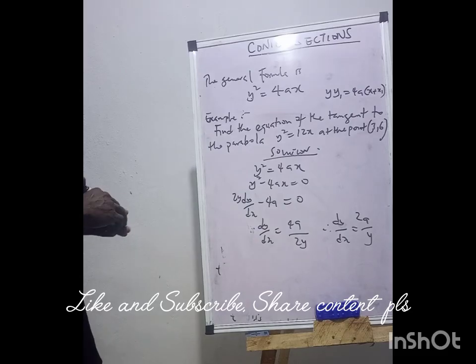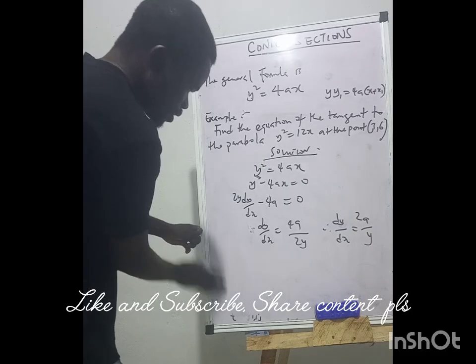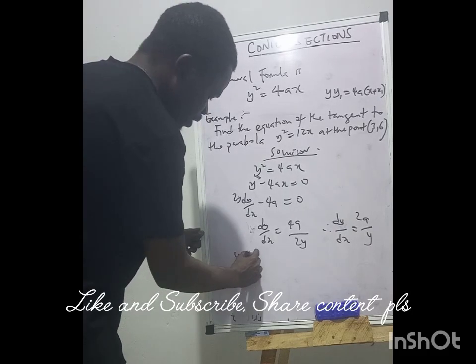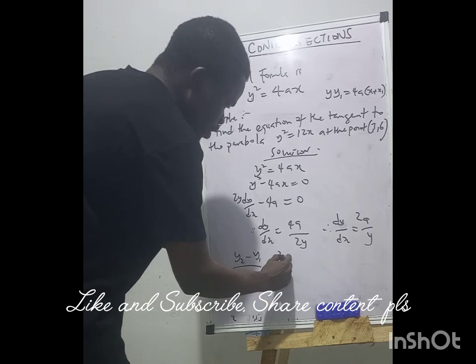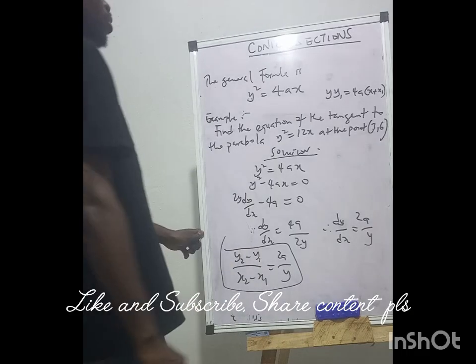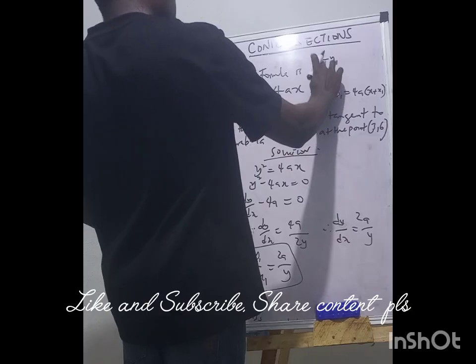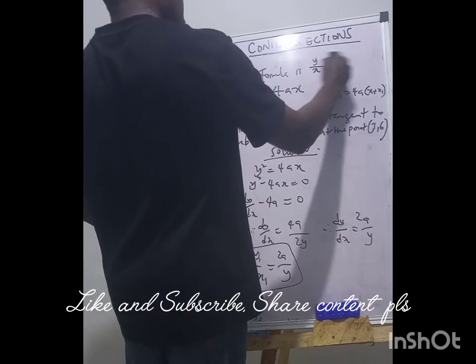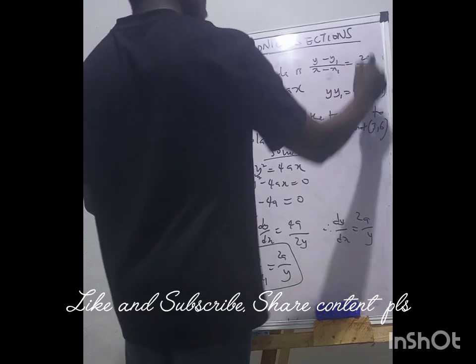Somebody lost? No. Like I said, dy over dx is (y2 minus y1) over (x2 minus x1), which is equal to 2a over y. So this is the rule, and we can put that here. That's the equation. Or we can say (y minus y1) over (x minus x1) equals 2a over y.